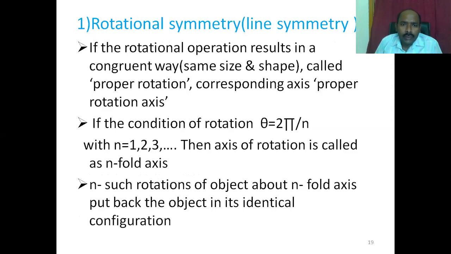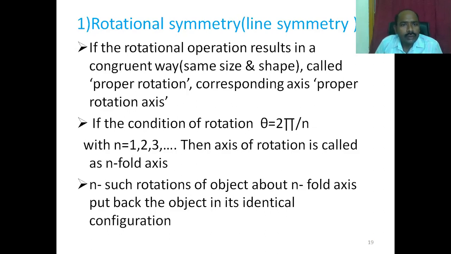If the rotational operation results in a congruent way, that operation is called proper rotation, and the corresponding rotational axis is called a proper rotational axis.